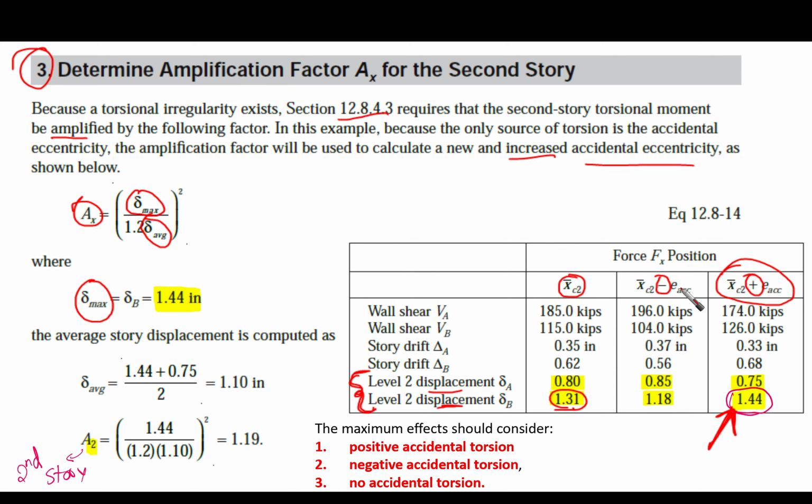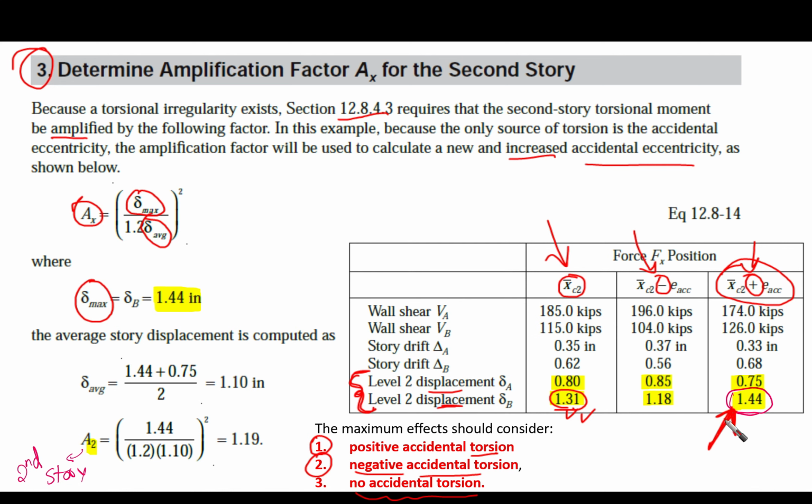So if we check minus eccentricity versus no eccentricity, this will be the winner here. This is why we said that the maximum effects should consider three different cases: positive accidental torsion, which is this one, negative accidental torsion, which is this one, and no accidental torsion, which is this one.